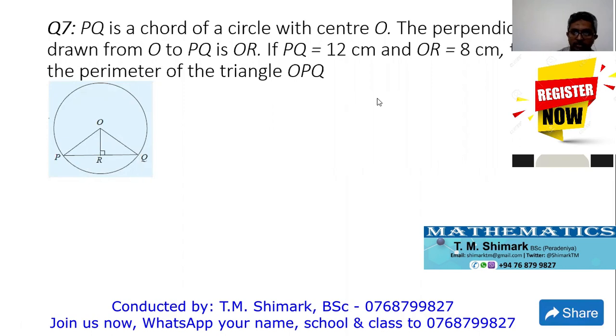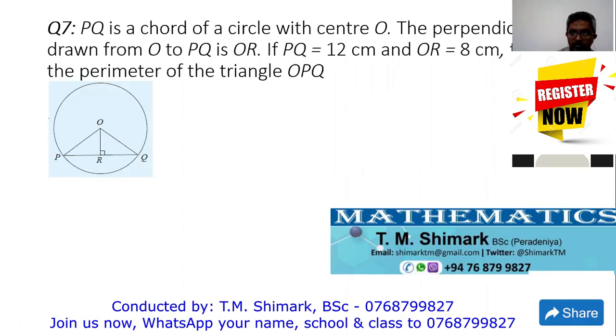Now, what information are we going to use? The important information is they have given PQ to be 12 and OR to be 8, right? If you want to find the perimeter of the triangle, you need to find OQ, OP and PQ.